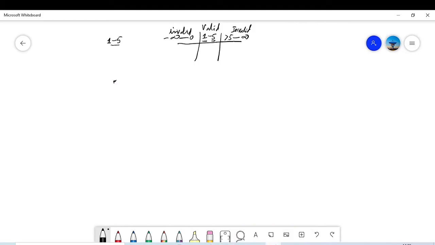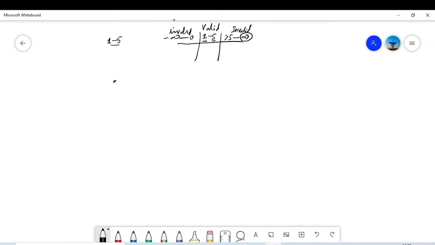For this invalid class there are 2 boundaries. The infinity we cannot say, because we don't know until which maximum value it is invalid, so we have taken infinity. That boundary we cannot name, but this value we know.